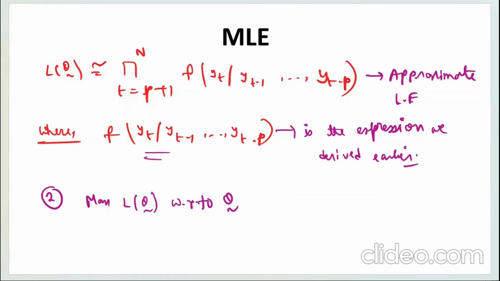So if you maximize, you will have p plus 2 normal equations and p plus 2 unknown parameters, right?